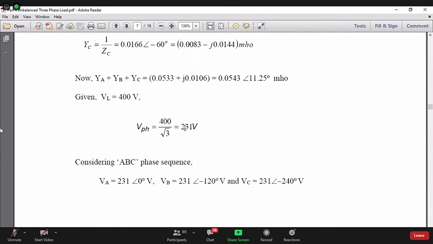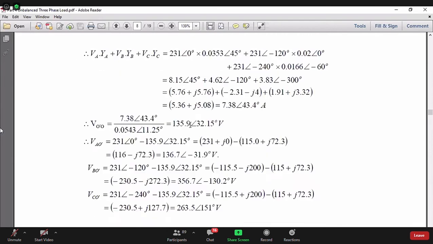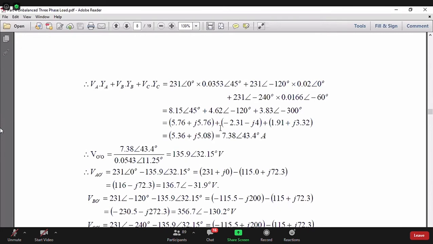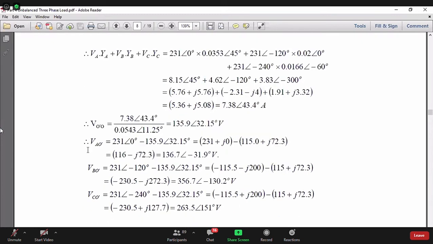So put it there, you get the neutral shift as 135.9 with an angle of 32.15, which means that there is a very big neutral shift here, because your phase voltage is 231, whereas your neutral shift is 135.9. Significant neutral shift. And then you can calculate the phase voltages of the load.